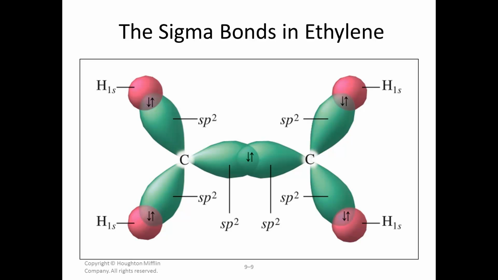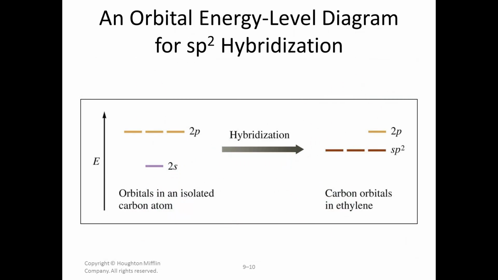The sigma bond, the bond between the 2 carbon atoms caused by our sp2 hybridized orbital, is through the internuclear axis at 120 degrees from our sp2 orbital overlap with the 1s orbitals on hydrogen.